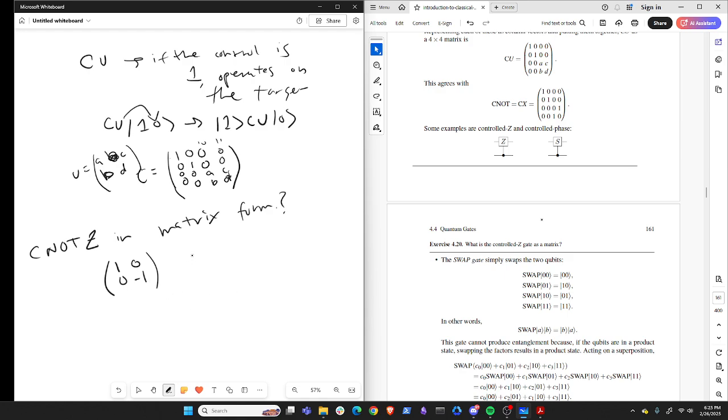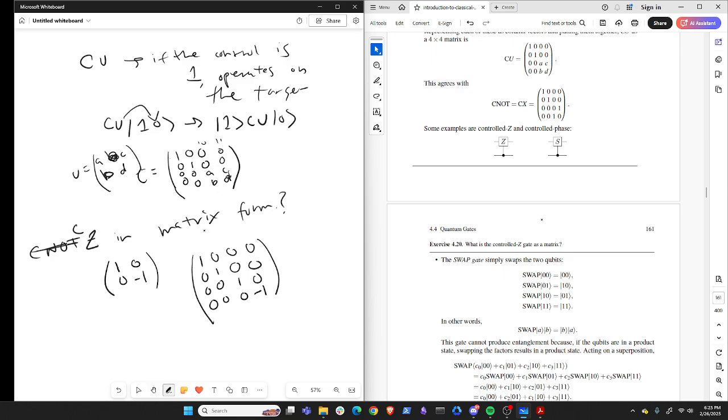Not C, not Z, sorry. CZ, control Z. So these two will be fine. They won't do anything to these. However, if they are, then it will apply a Z. Let me double check that. Yeah.